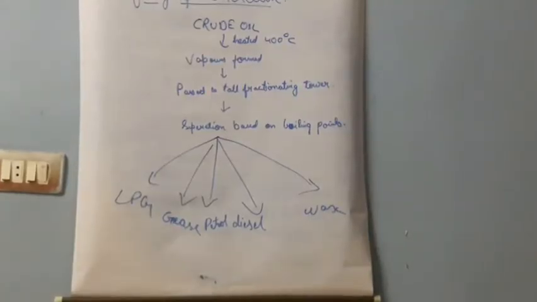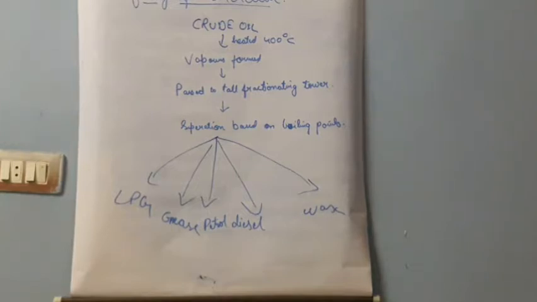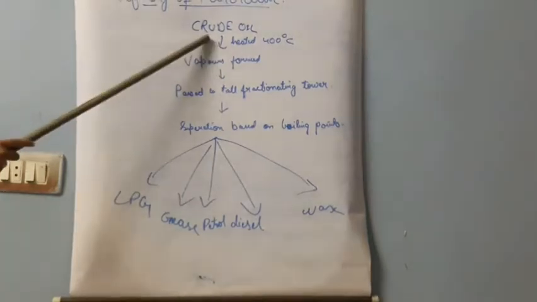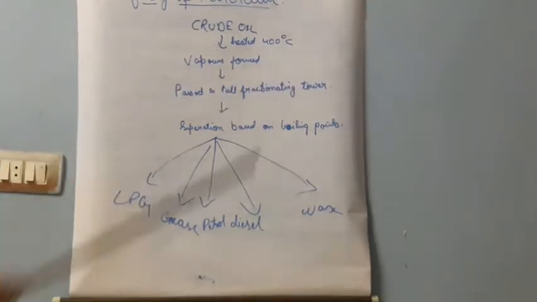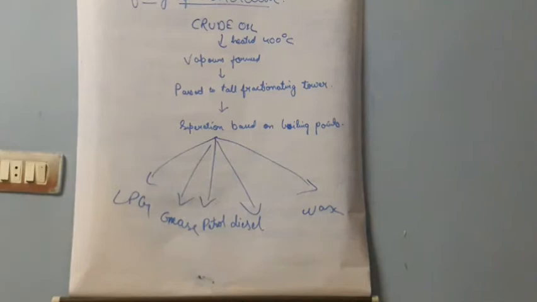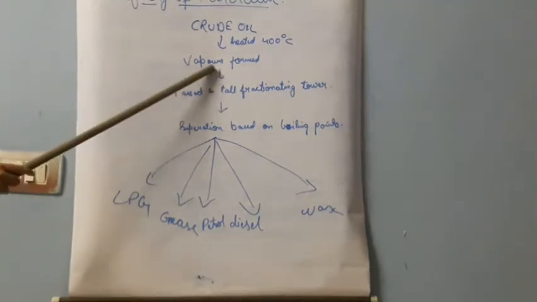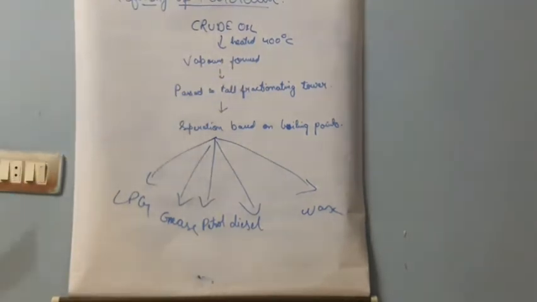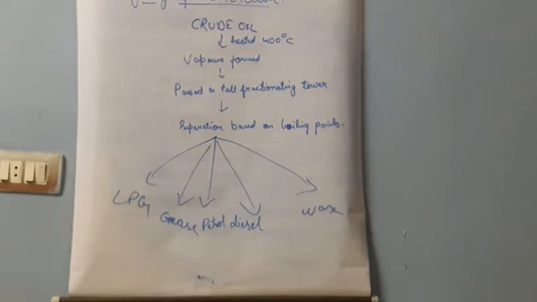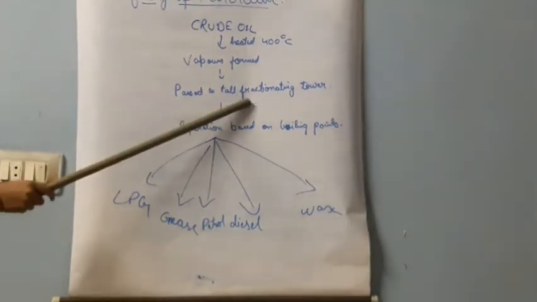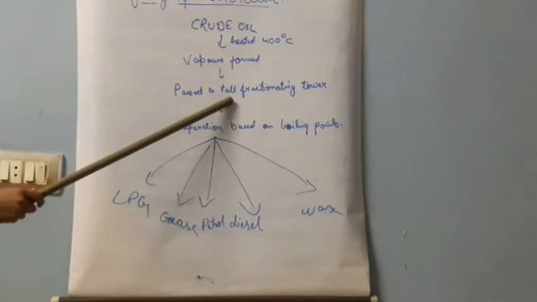In this way, we can make a flow chart of the steps of refining of petroleum. First we have written crude oil, which is heated at 400 degrees centigrade, and when we heat something, obviously vapors are formed. Those vapors will then pass to a tall tower, known as the fractionating tower.